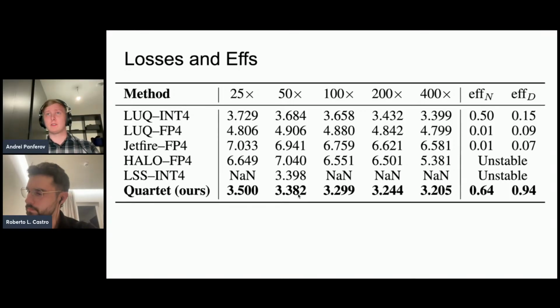And we fit the scaling laws for them. We obtain the efficiency factors, and from these efficiency factors, we can see that Quartet, the composite method we designed with these sorts of scaling laws in mind, using the latest available methods that came out within the last 6 months, beats all of the existing baselines, such as LUQ, Jetfire, Halo, and LSS, and in general, this is the best you can get for 4-bit training at the moment.